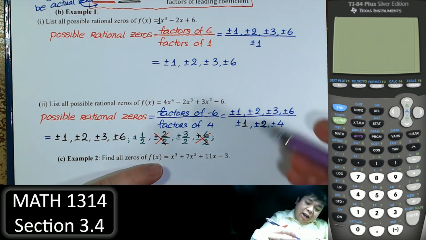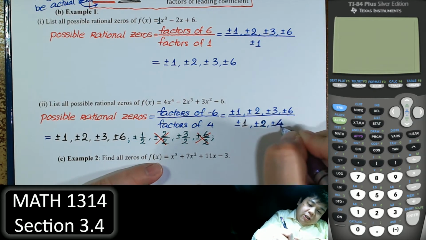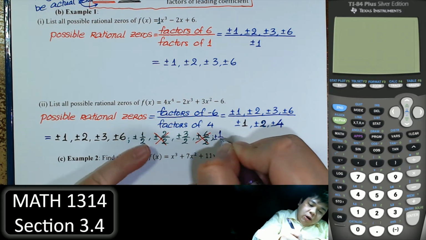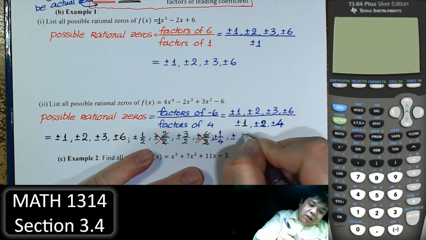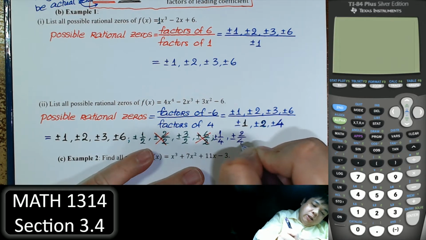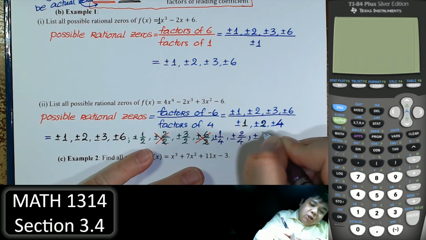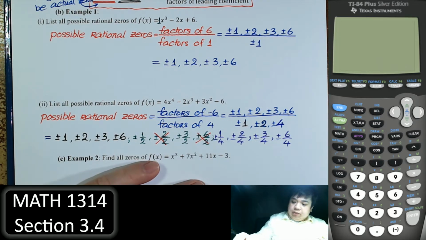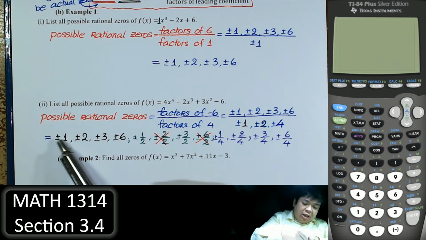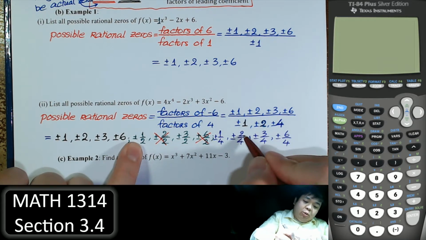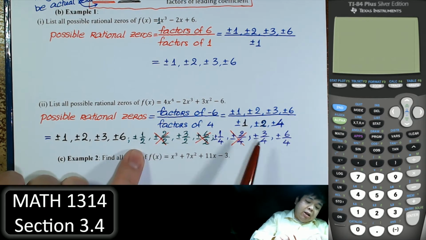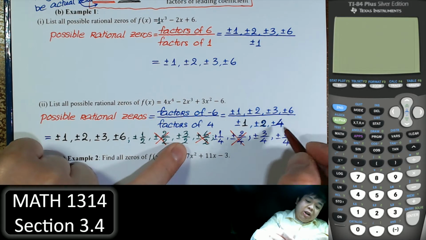Now we divide by 4. So plus or minus 1 over 4, plus or minus 2 over 4, plus or minus 3 over 4, and plus or minus 6 over 4. Now, 1/4 is new in this list. 2 over 4 is 1/2, we already have that. 3 over 4 is new. 6 over 4 is 3/2, we already have it.